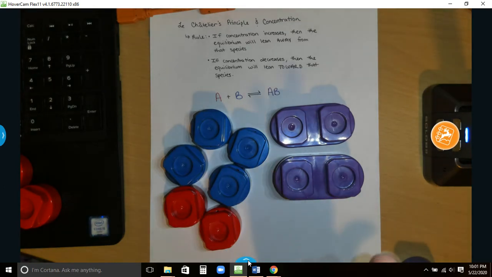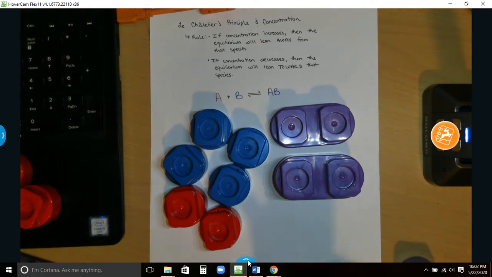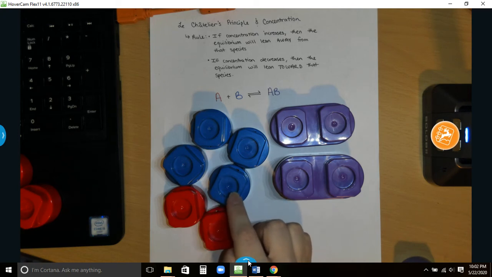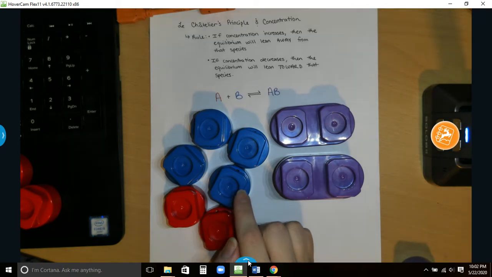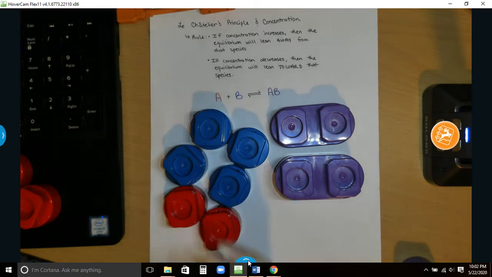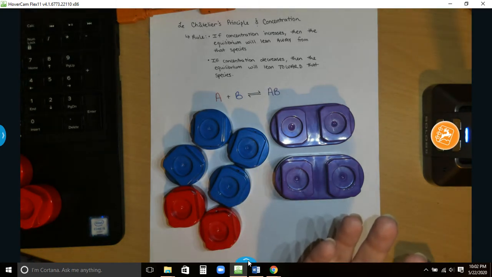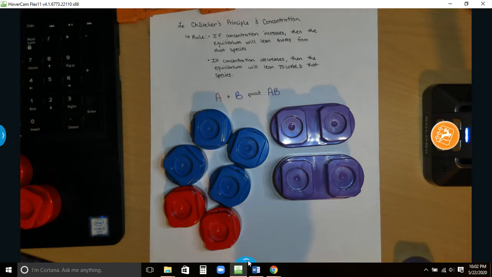The effectiveness rate of collisions depends on the chemical substances that we have. Some collisions require a really strong force and very strong collisions in order to form a chemical substance. So anytime that I increase the number of particles that I have, or we would say increasing the concentration, and concentration is a measure of how many particles I happen to have, I increase the likelihood that I am going to have an effective collision.